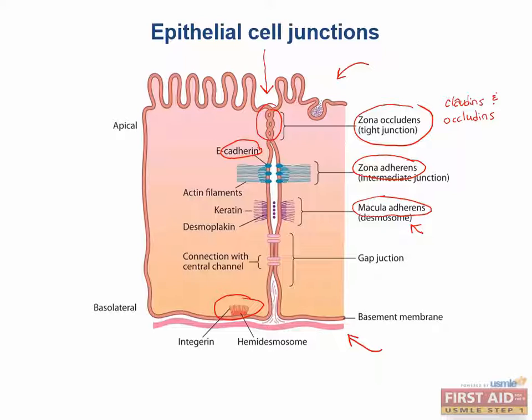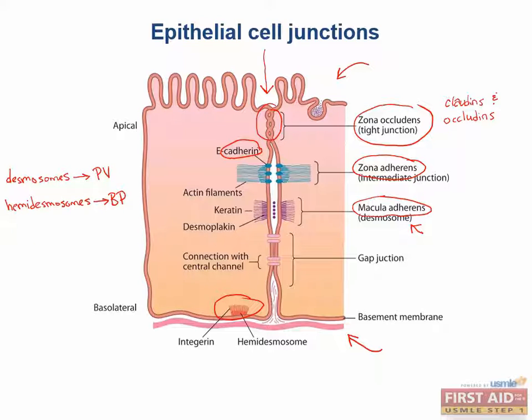Similar to pemphigus vulgaris, patients that develop autoantibodies to these hemidesmosomes will also develop a blistering skin disease, but it's named bullous pemphigoid, which is probably the setting where you're most likely to see these structures appear on the test. For step 1, you'll need to pair these in your mind: pemphigus vulgaris and desmosomes, and bullous pemphigoid with hemidesmosomes.